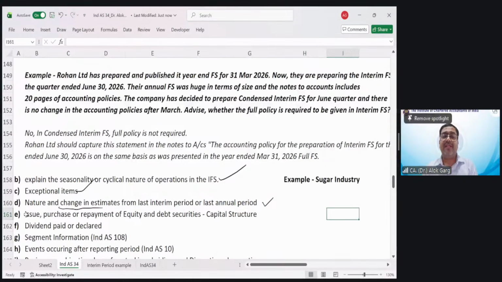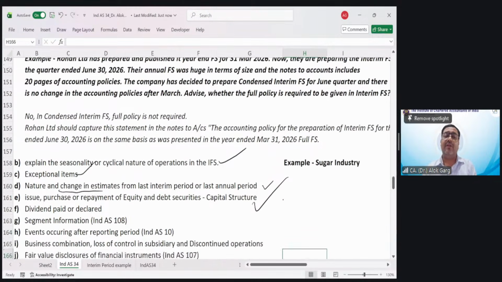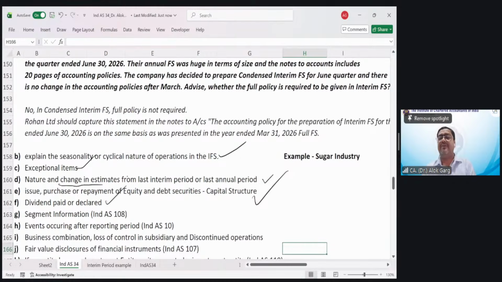Issue, purchase or repayment of equity and debt securities. If there is any change in the capital structure, the issuance of debt or share capital, or purchase or repayment of equity and debt, this is required to be disclosed. Dividend paid or declared is required to be disclosed. Segment information, the segment reporting has to be done: segment asset, segment liability, segment revenue, segment expenses.